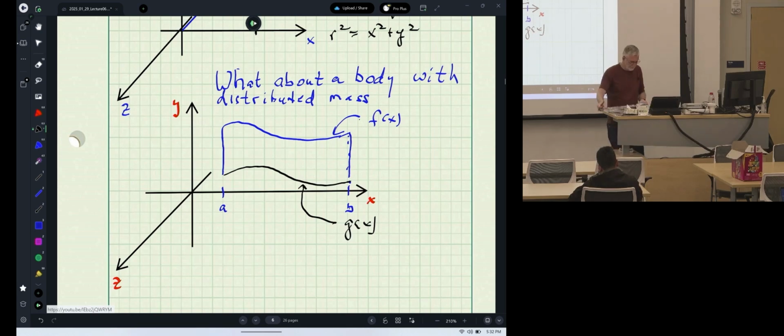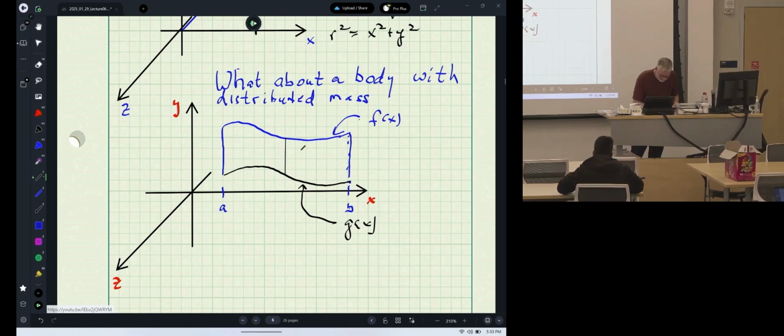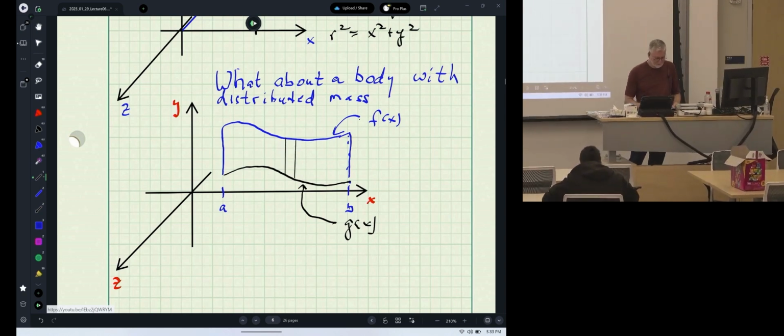Okay? And its extent in x is from A to B. So guess what the width of that is? dx, right?